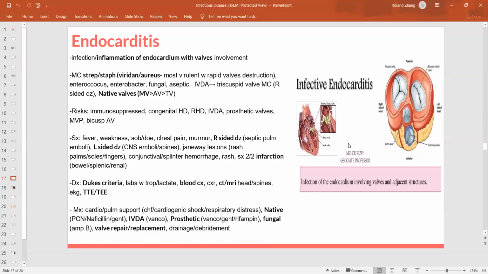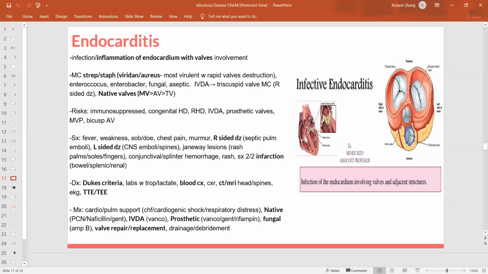Signs and symptoms actually depend on, even though there's overlap, whether it's right-sided valve involvement or left-sided. For your right side, you can have septic pulmonary emboli. Generally you see a patient with a history of IV drug use, and they come in with septic emboli on their x-ray, like little opacities.